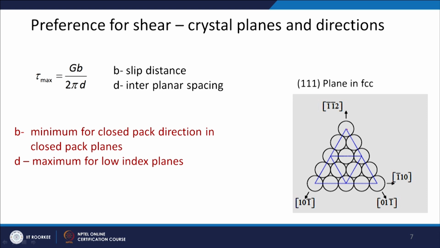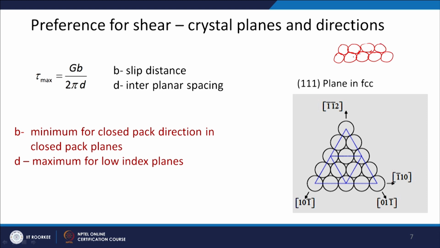For example, there is a 111 plane in FCC shown here, and in the 111 plane of FCC, this is the best packing you can get for a spherical atom. If you take any spherical object, the best packing you can get is when you place another sphere in between the two here like this, and so on.